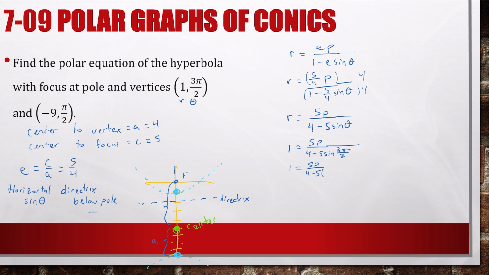Well, sine of 3π/2 is -1. So that makes 9. So 9 equals 5P. And that's really all the further we need to go, because the numerator is 5P. So our equation is r equals 5P, but 5P was 9, so r equals 9 over 4 minus 5 sine theta.